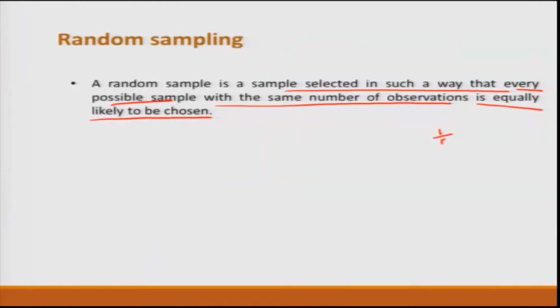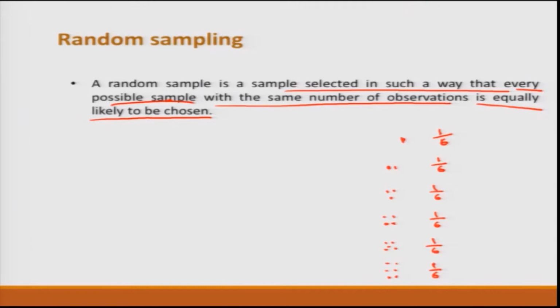If I throw a dice, the probability of getting 1 is 1 by 6, getting 2 is again 1 by 6, getting 3 is 1 by 6, getting 4 is 1 by 6. Similarly, all the numbers have the same probability. This is known as simple random sampling.